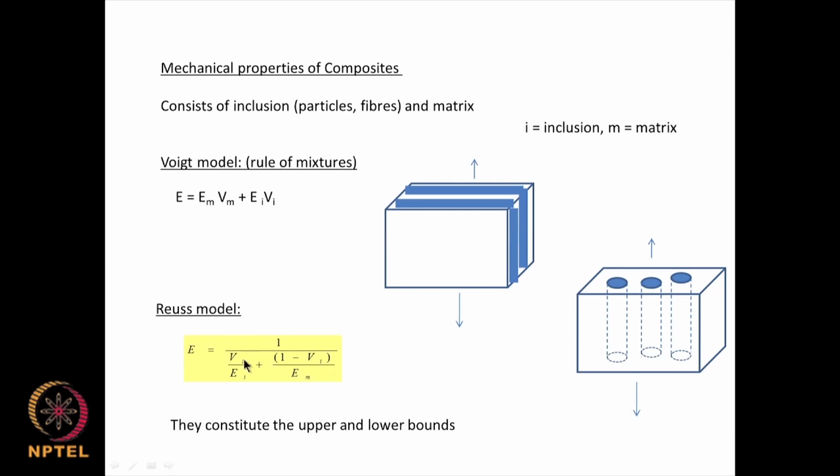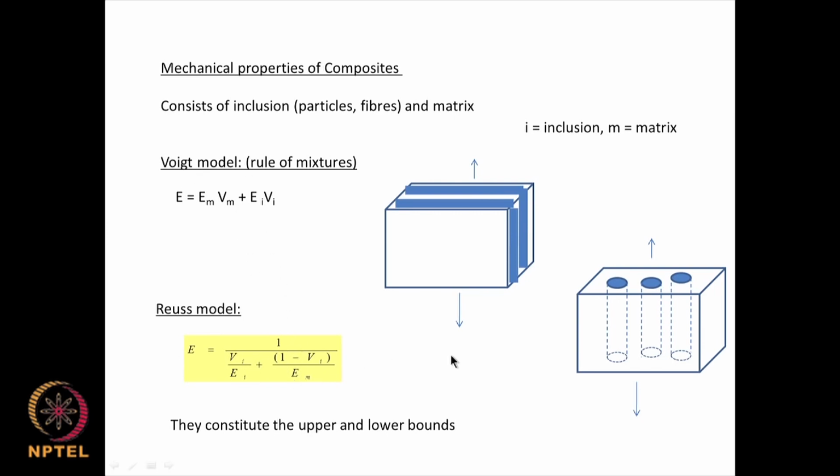So Vi is the volume fraction of the inclusion material, and 1 minus Vi is the volume fraction of the matrix material. Okay. So here these V's are volume fractions. These are the upper and lower bounds for the E value.